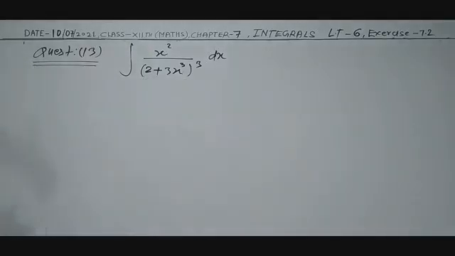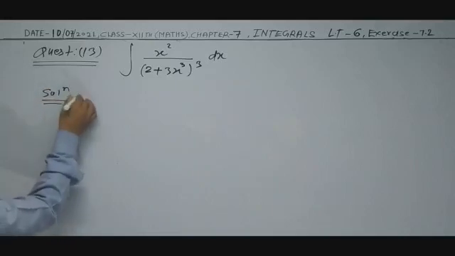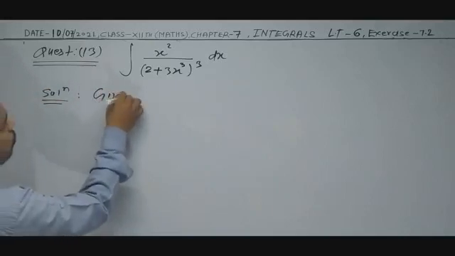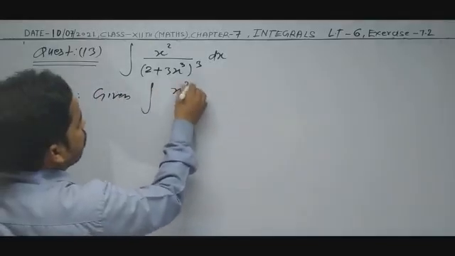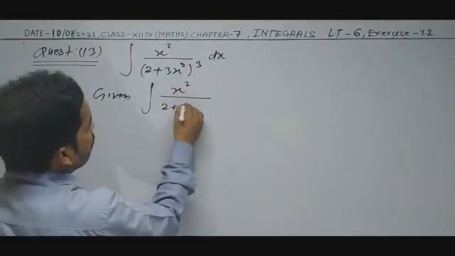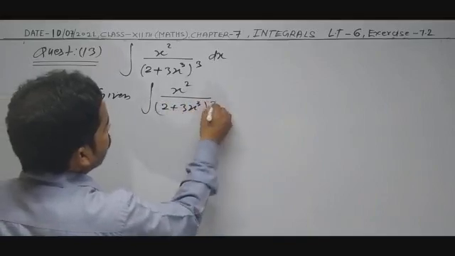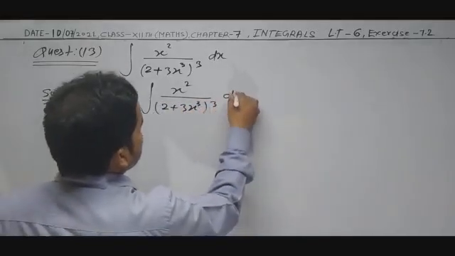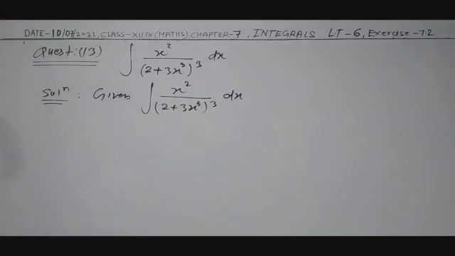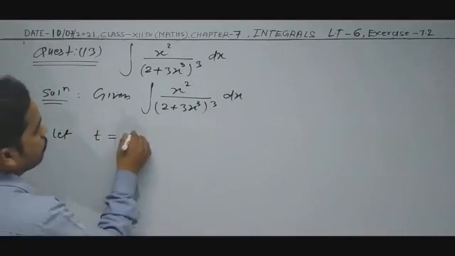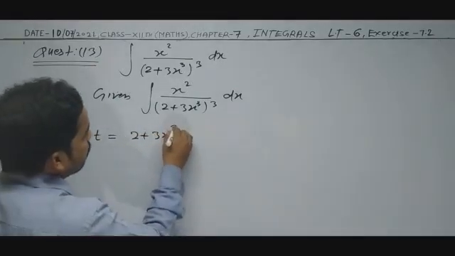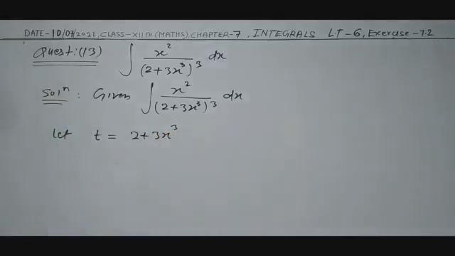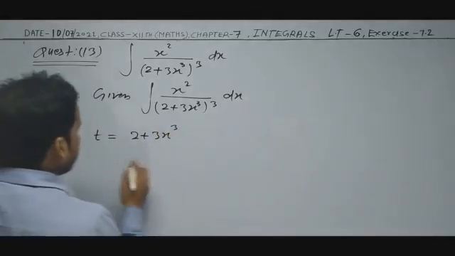First of all, write the given function: integral of x square dx over (2 plus 3x cube) power 3, and we have to integrate. So let t is equal to 2 plus 3x cube. By the method of substitution I will solve this integral.